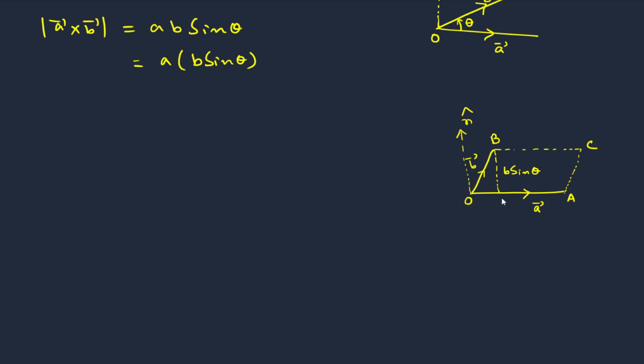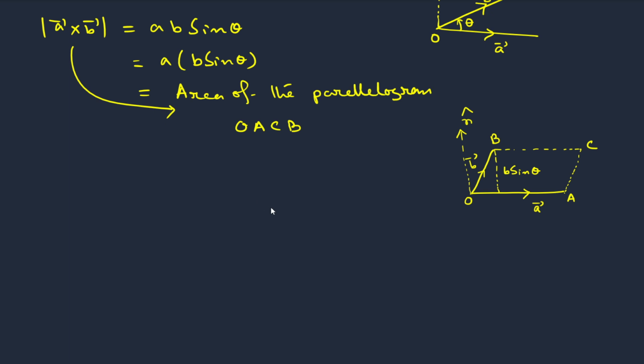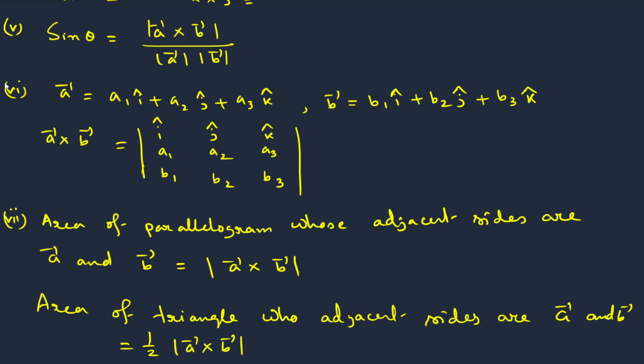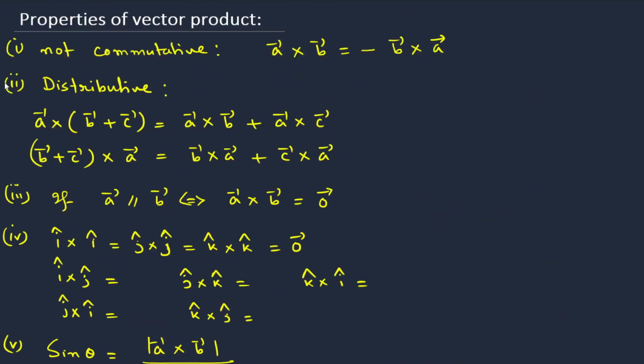Length into height is nothing but the area of the parallelogram OACB. So this is nothing but the area of the parallelogram.